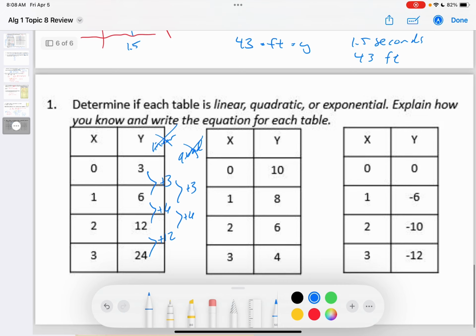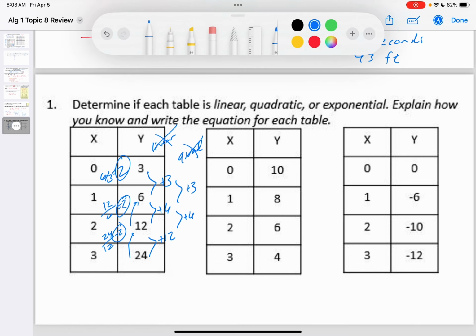So next question is then, is it exponential? If we do 6 divided by 3, that's 2. If we do 12 divided by 6, that's 2. If we do 24 divided by 12, that's 2. So we do have that common ratio of 2.